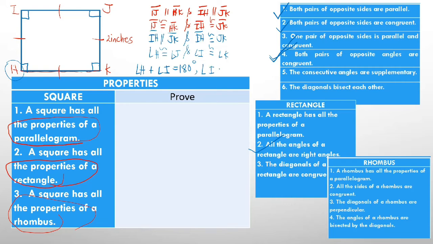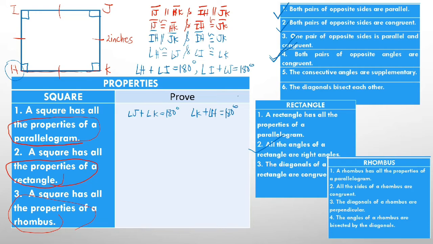Another consecutive pair is angle J plus angle K, equal to 180 degrees, and angle K plus angle H is equal to 180 degrees. Therefore, the consecutive angles of our square are supplementary.